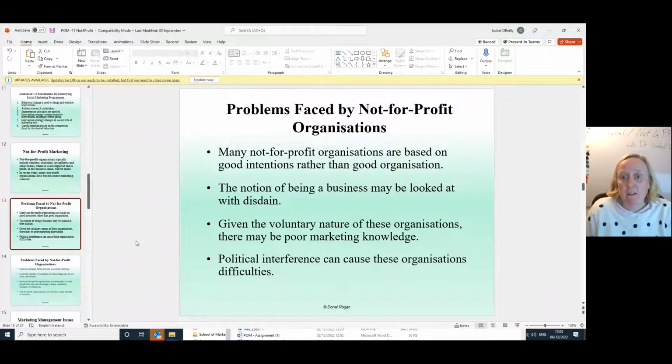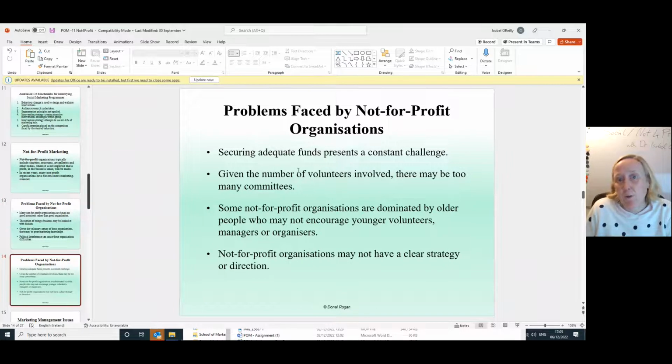Political interference can cause these organizations difficulties. Securing adequate funds, always a problem. It's a constant challenge for pretty much all not-for-profits. Given the number of volunteers involved, there may be too many committees. So everybody feels, because they're giving their time for free, that they should have a say in how things go. And maybe not everybody has a clue.